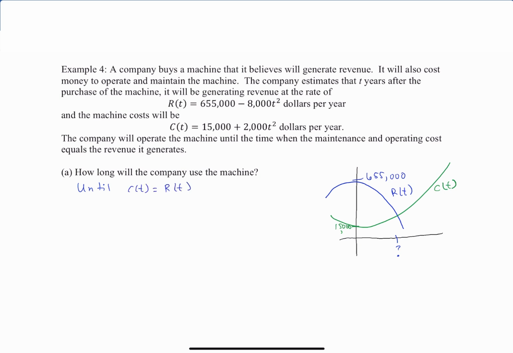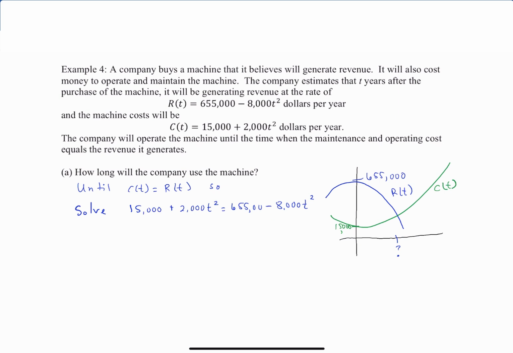So we need to solve 15,000 plus 2,000 t squared equals 655,000 minus 8,000 t squared. Let's add 8,000 t squared to both sides.